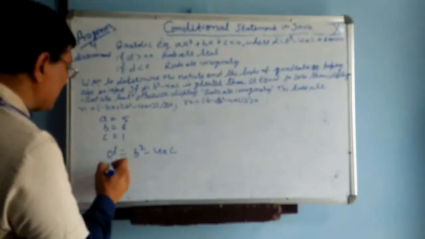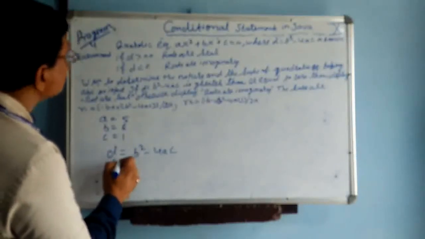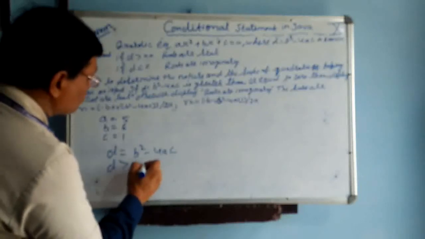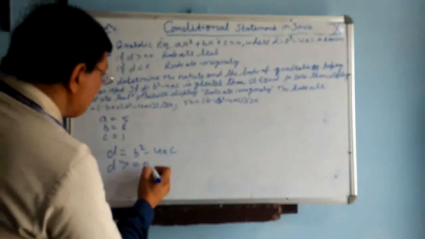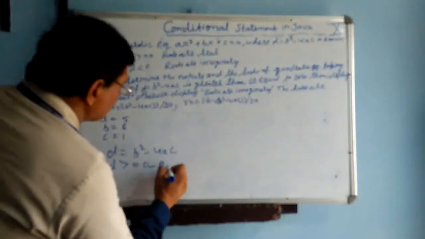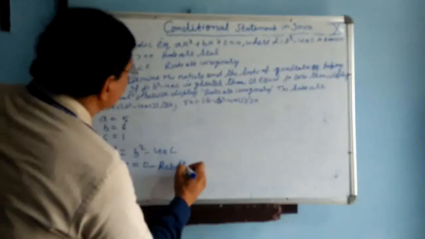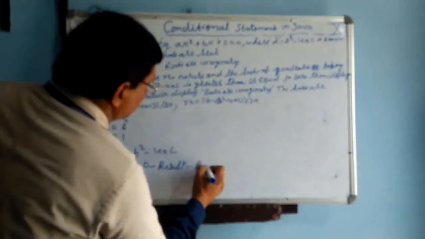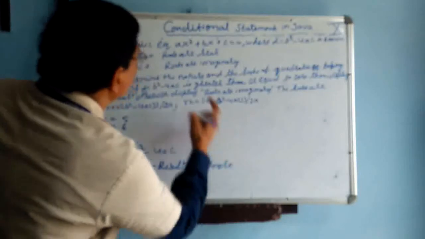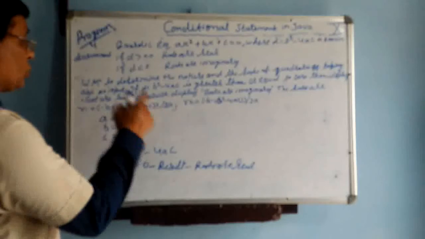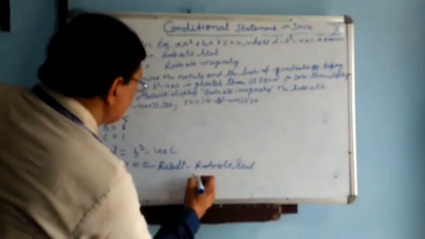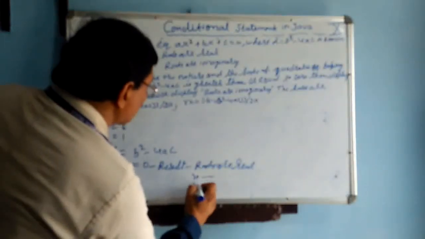Suppose the value of d is greater than or equal to 0, then the result will be roots are real, and it will print the value of the roots, the R1 value and the R2 value.